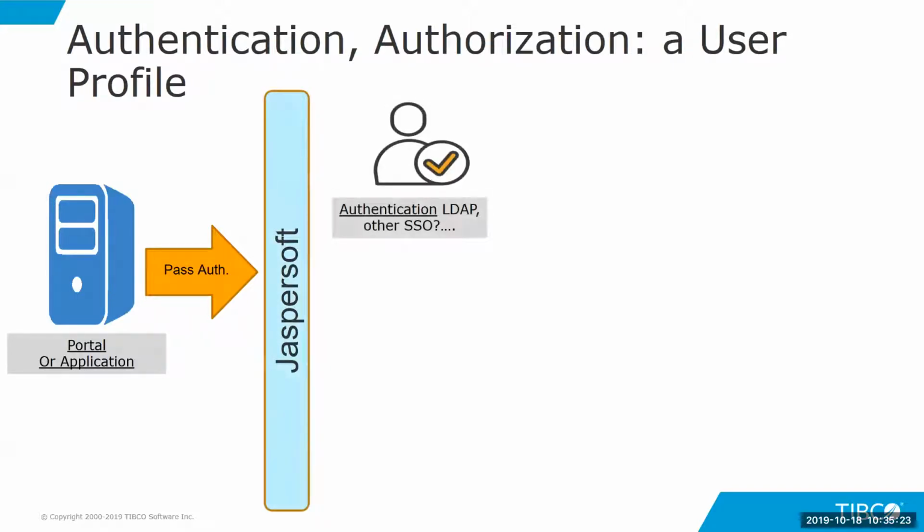So we pass it through and authenticate, either back into your application or some external service, like OAuth or LDAP or whatever. So we know that this is a valid user and we want to allow that user interaction to happen within Jaspersoft.